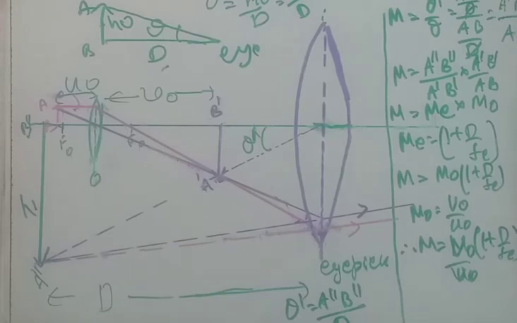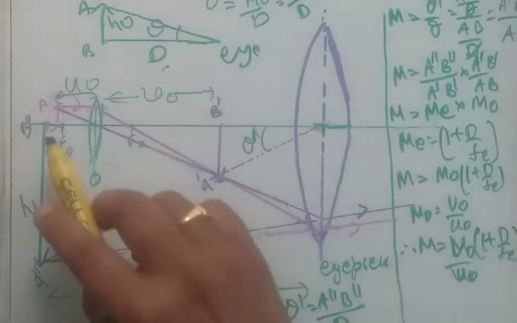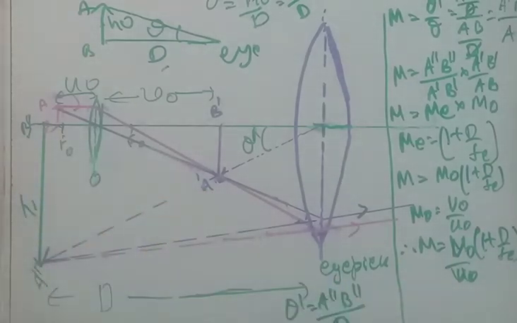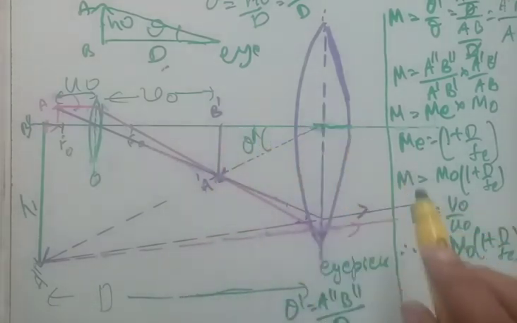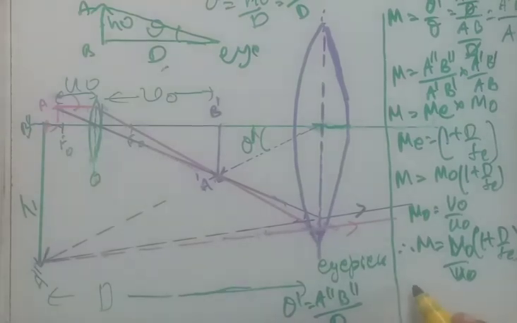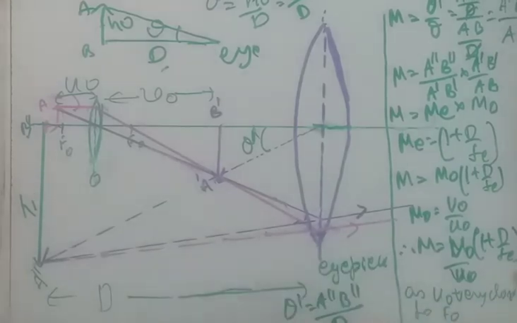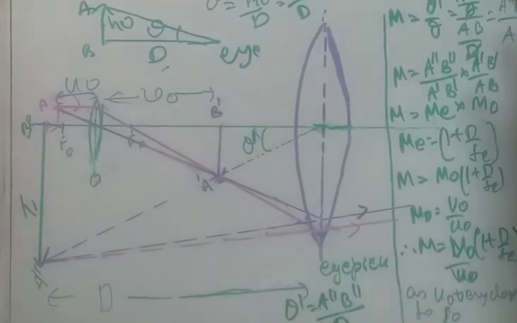Now we go for the last bit, small changes in this. Say we keep the object very near to the focus, and A dash B dash is found very near to the eyepiece. Then we write UO as very close to F naught, that is the focal length of the objective.